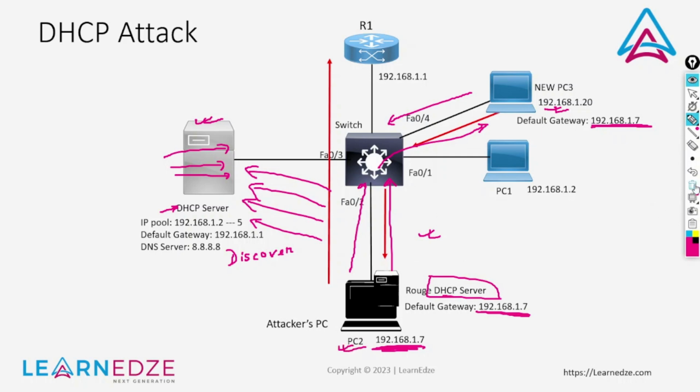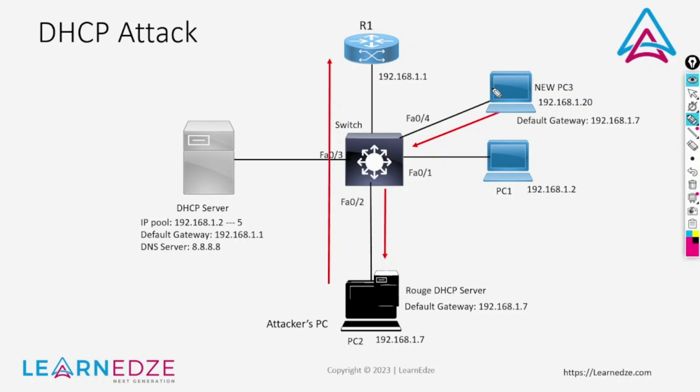Now, in this scenario, whenever this new PC tries to surf the internet, it will send a packet to the gateway. That means this packet will come to the attacker's PC via the switch, and the attacker will copy that packet for further processing, then reroute it to router R1.